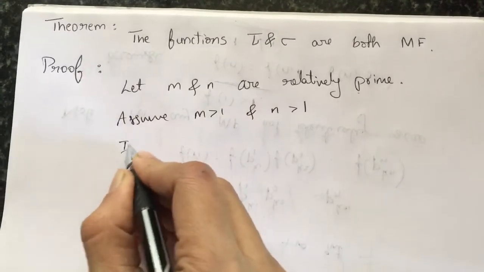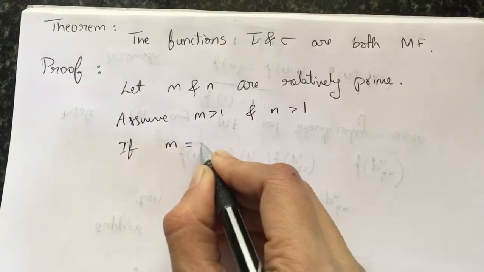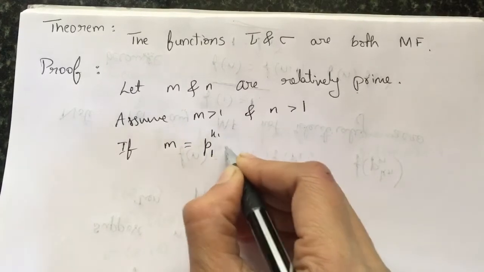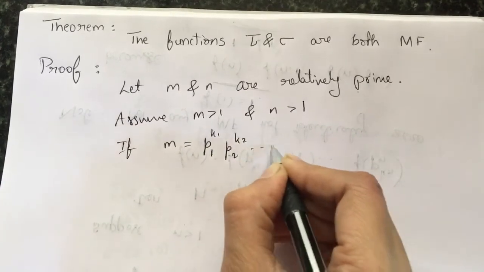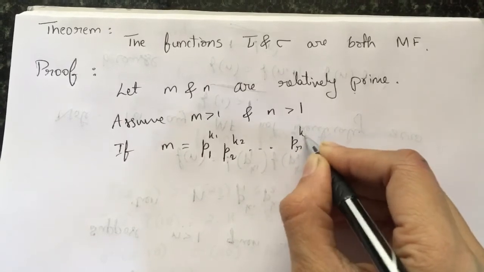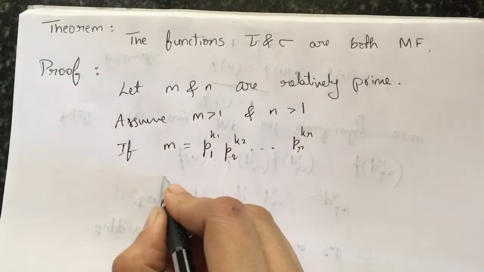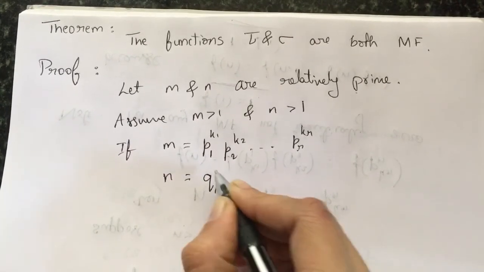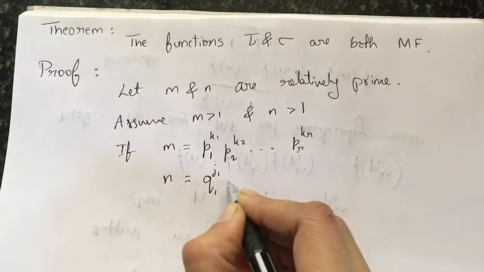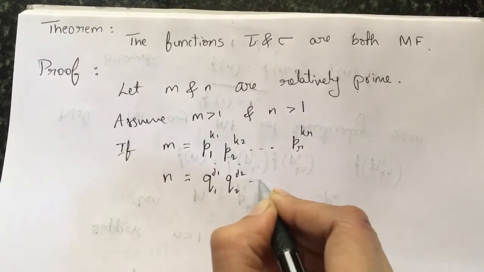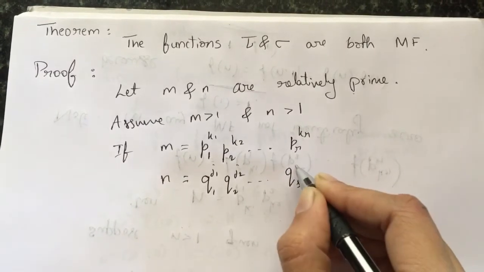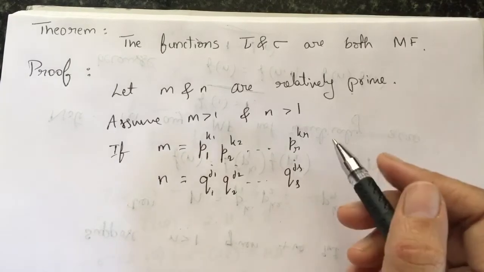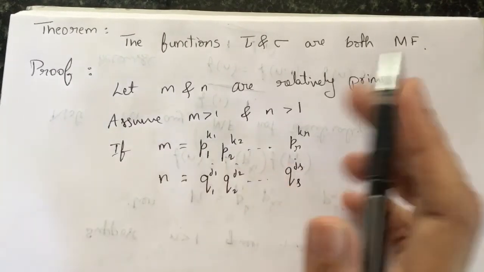If I write m in its canonical form, m equal to p1 power k1, p2 power k2, up to pr power kr, and I'll write n as q1 power j1, q2 power j2, like that, up to qs power js. These are the prime factorizations of m and n.